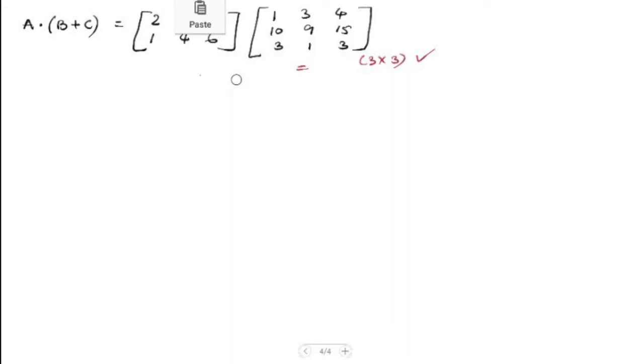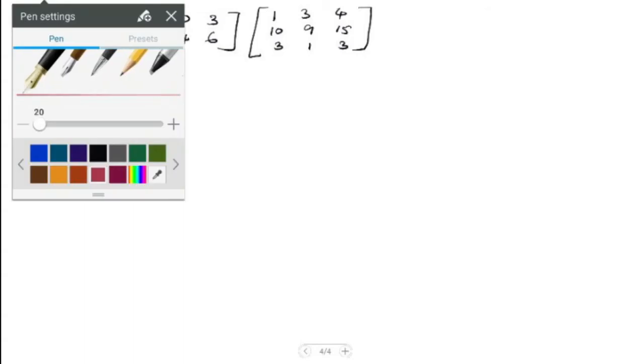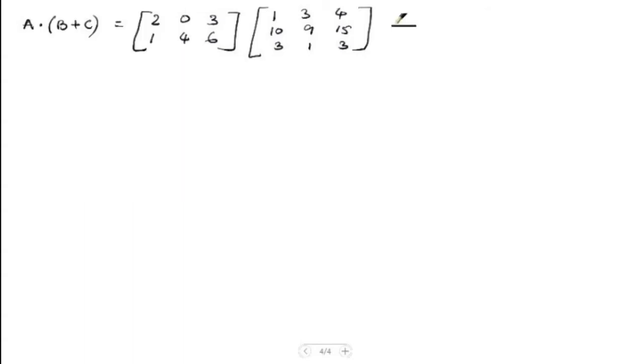Okay, now let's work on it. What we do here now is we take the first row here and we multiply it to the first column here.